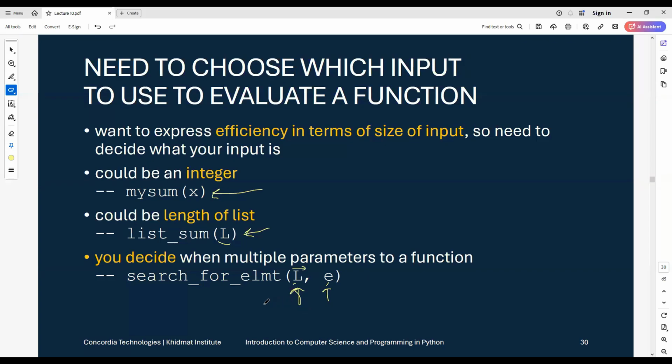So in the worst case scenario, we have to go through the whole length of L to find whether E is present or not. In this scenario, whatever E is does not matter. The algorithm that we would write for this scenario would depend on the length of L. So when there is more than one parameter to a function, an algorithm or a problem, we have to identify on which input the complexity is actually dependent.